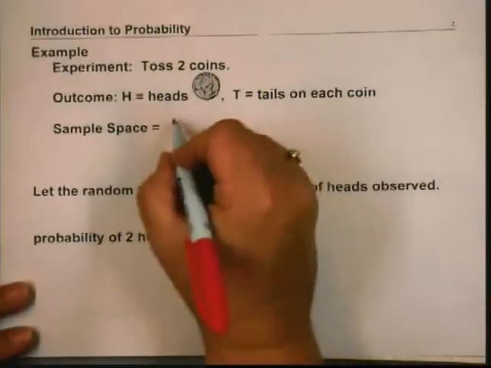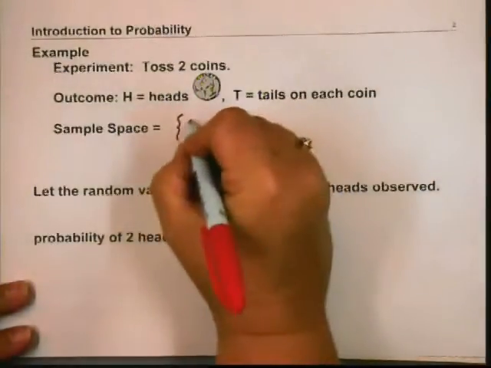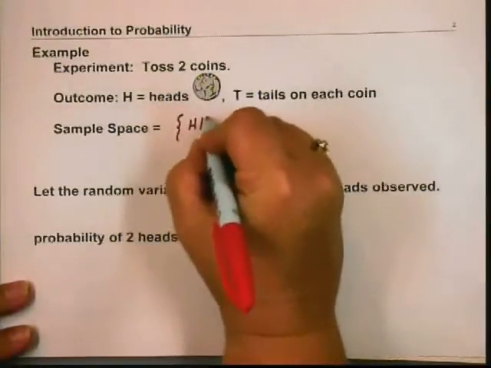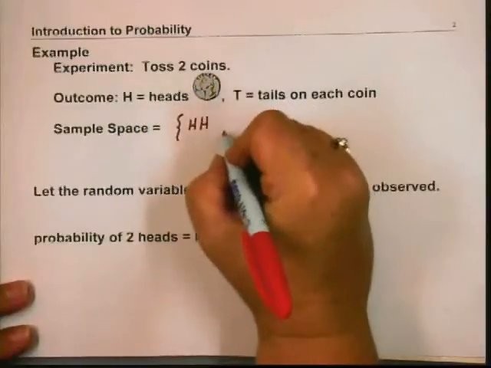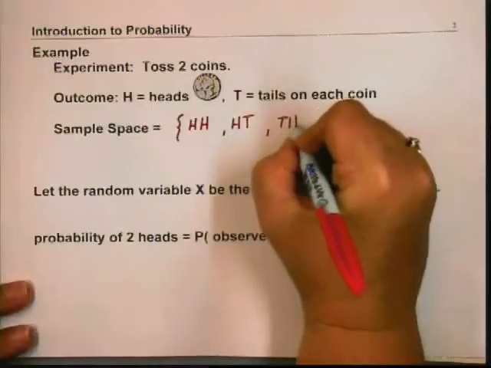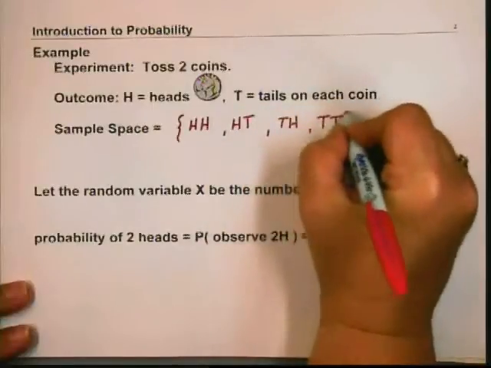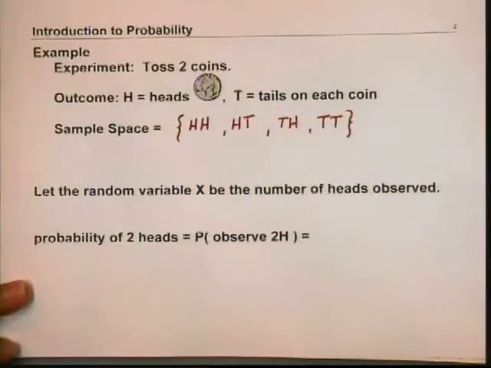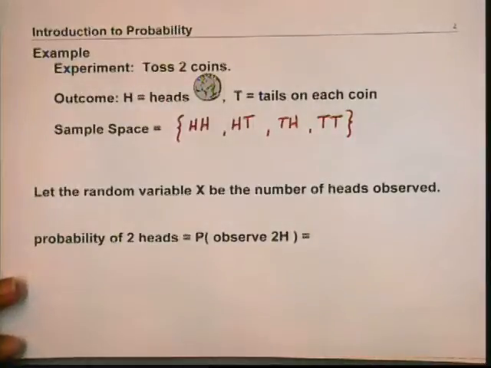We could have head on the first toss, head on the second. We could have head tail, tail head, or tail tail. Right? 4 possible outcomes, if we know the order, since each coin is different.